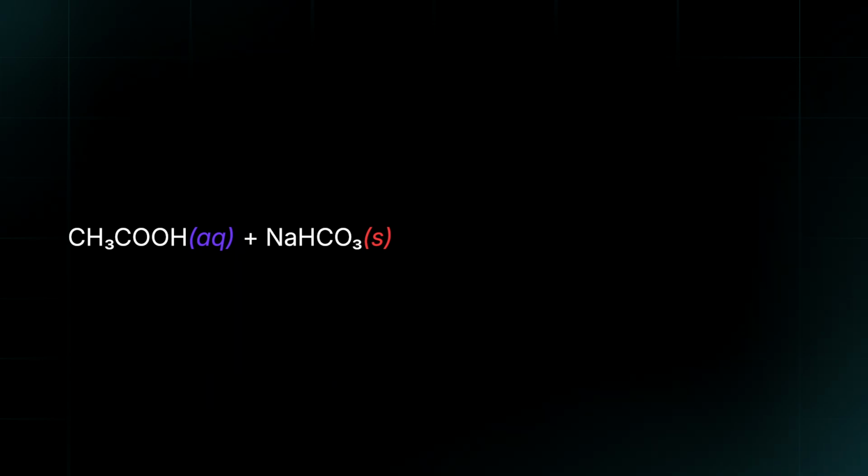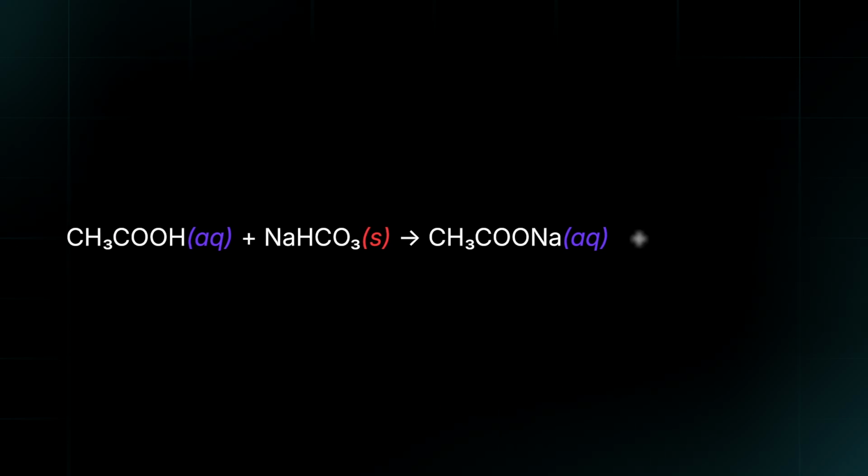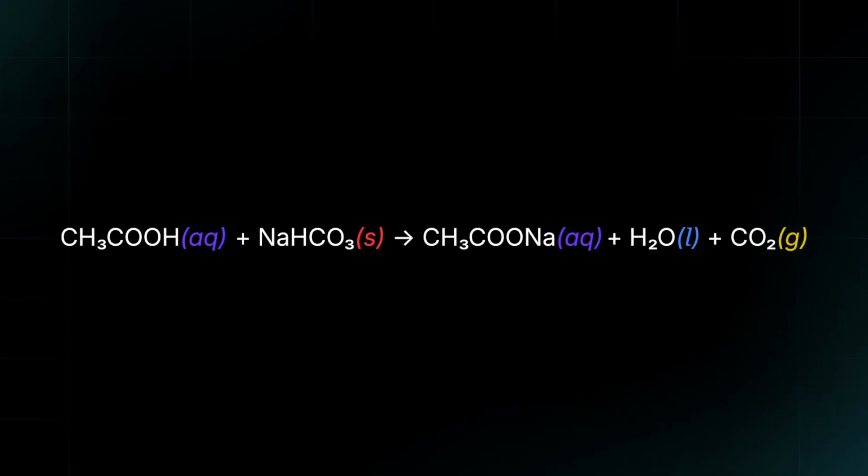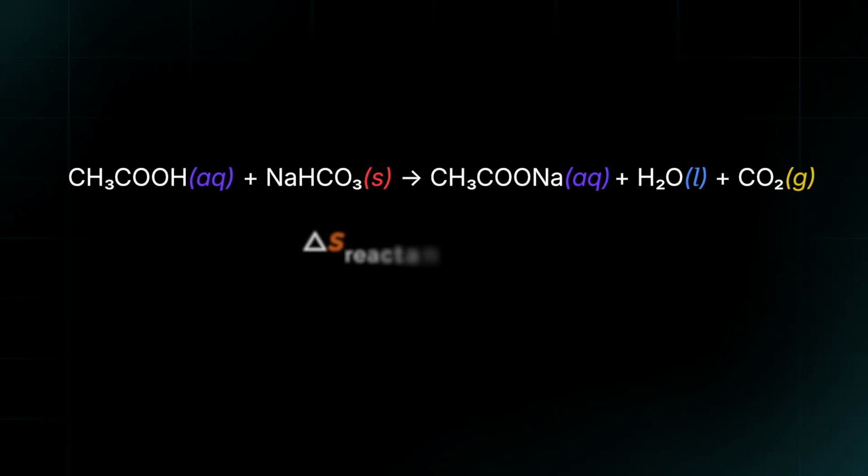As the reaction occurs, it makes an aqueous solution, a liquid, and a gas. And that gas has lots of freedom to disperse into lots of possible arrangements. Overall, the products have a greater freedom of motion than the reactants. So the entropy increases, and the change in entropy has a positive value.